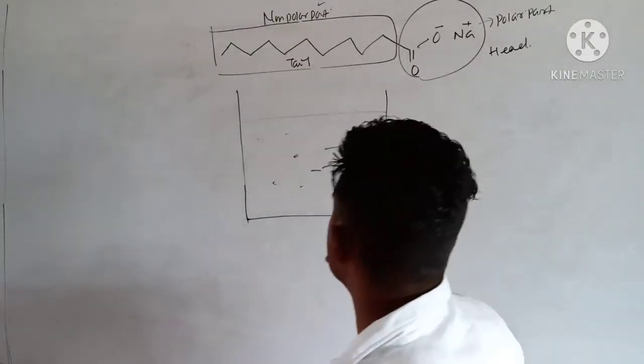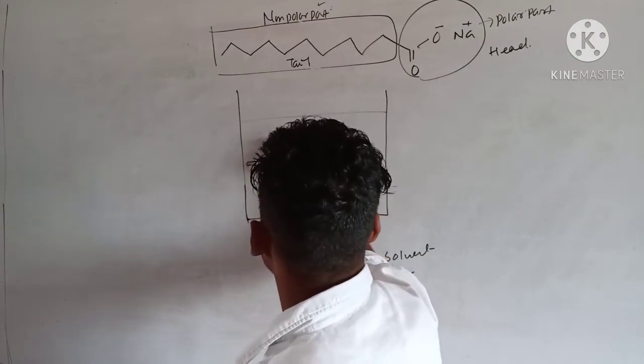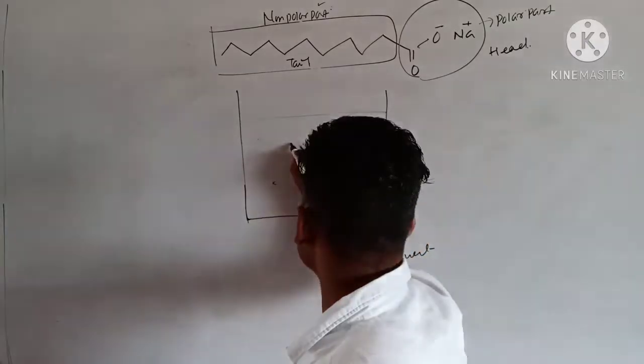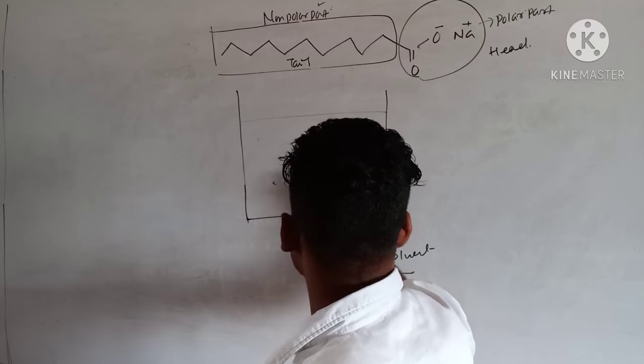So what happens? The aggregate forms like this: the head part will be pointing outwards and the non-polar part oriented towards the center.